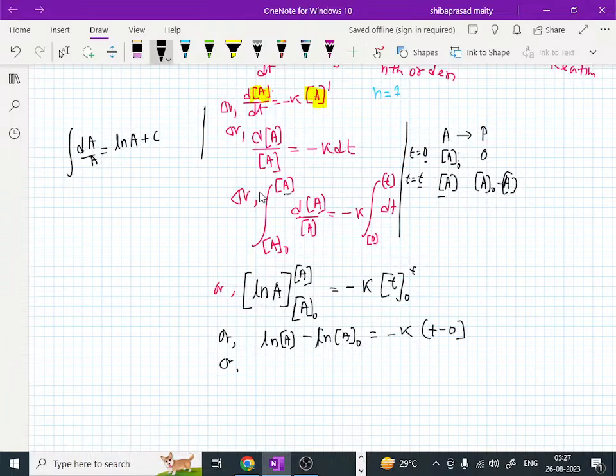Multiplying both sides by negative, ln A naught minus ln A equals k t.